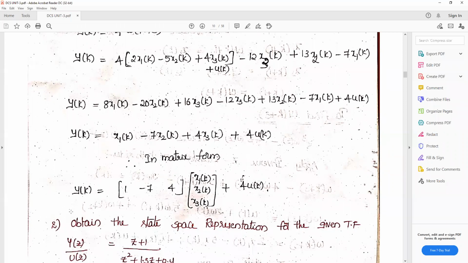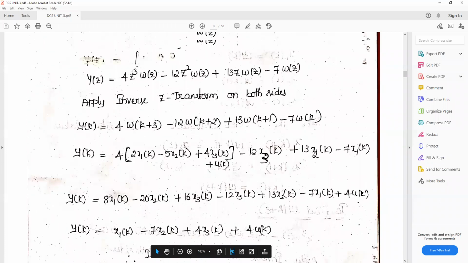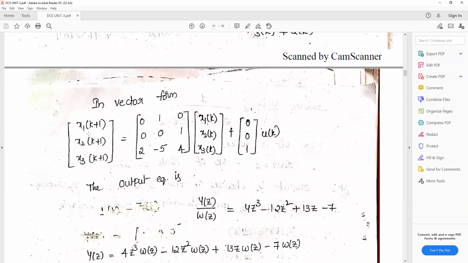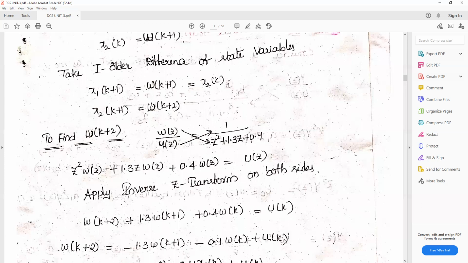So this is the output equation, and the state equation is x1 of k plus 1, x2 of k plus 1, x3 of k plus 1 as given. This is the state equation and the output equation is this one.